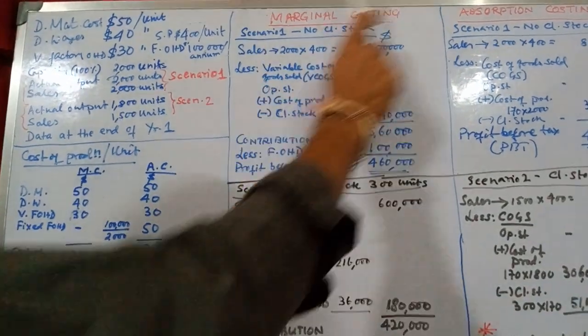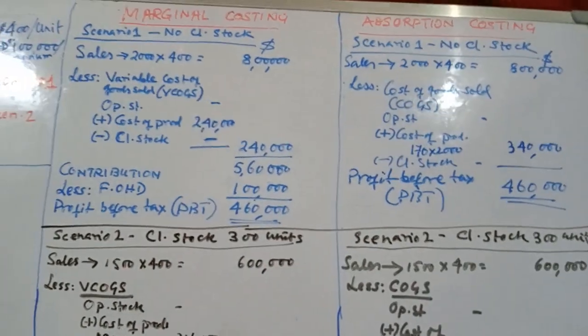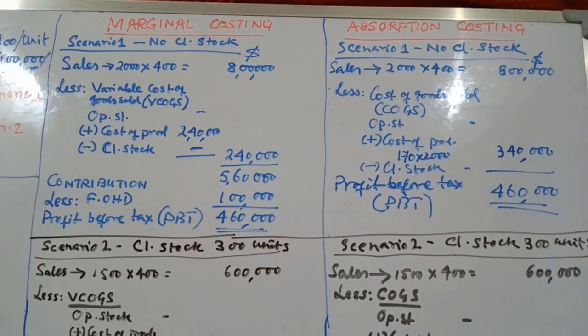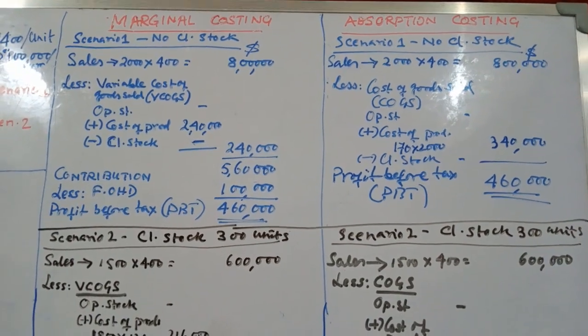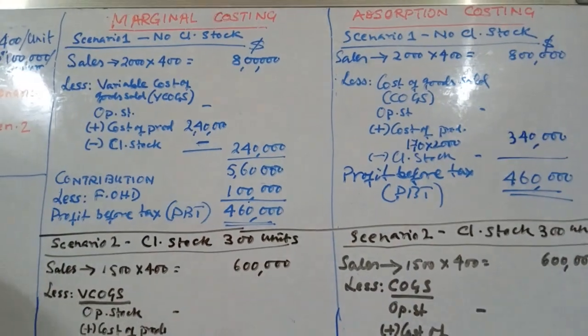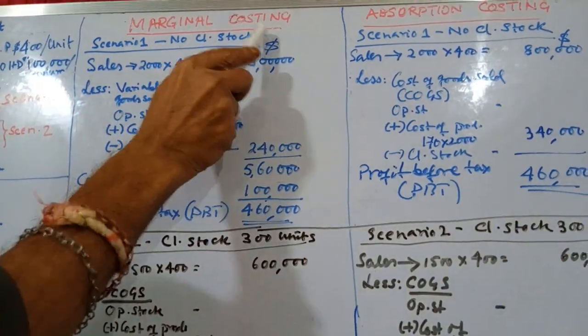Now in this section we have worked out the profit under two scenarios and under two systems, that is marginal costing and absorption costing. First scenario, marginal costing, scenario 1, no closing stock.